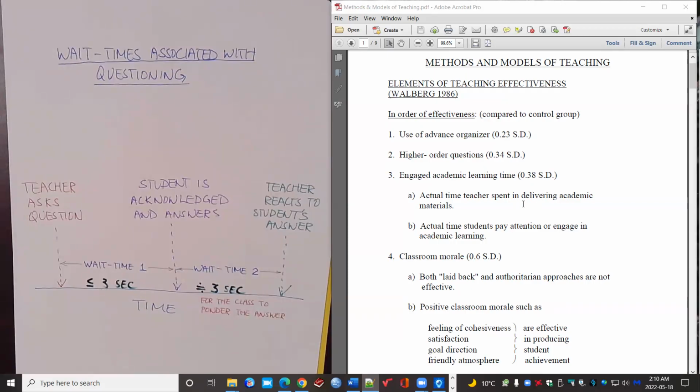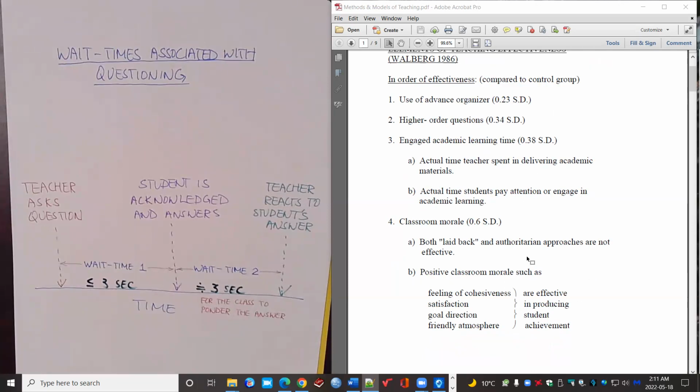There is the aspect here, actual time teachers spend lecturing, and the time students pay attention or engage in academic learning. So here the teachers should be watchful and try to give clear directions. To give clear direction is that once a student is falling asleep, you knock on the table. Something like that, right?